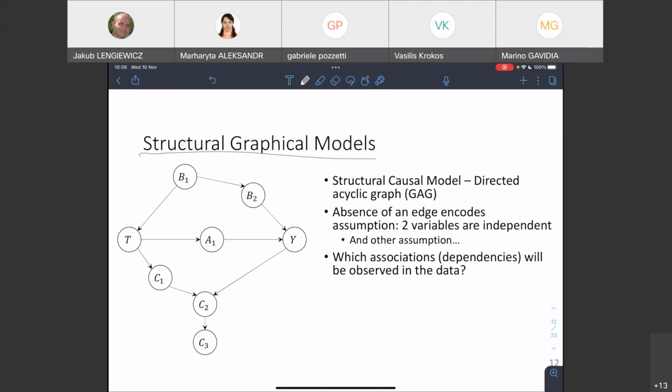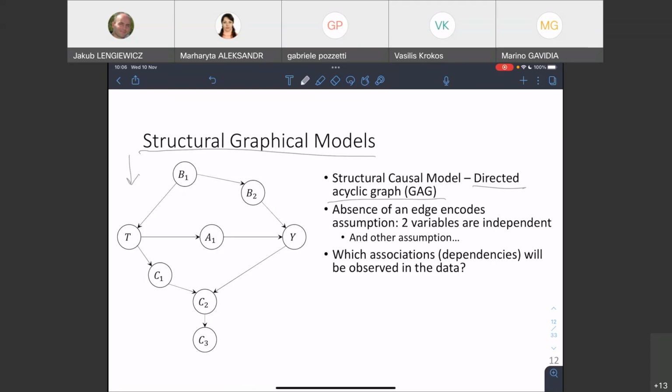So the theory is based on directed acyclic graphs. We'll be talking about directed acyclic graphs. That is, we'll be having graphs as presented here, and the condition is that there are no cycles. And this is a question that was asked last time. What if we have a feedback loop, a cycle between two variables A and B?